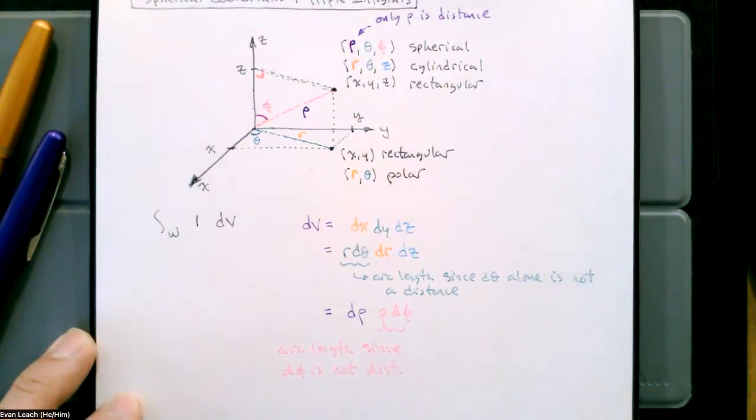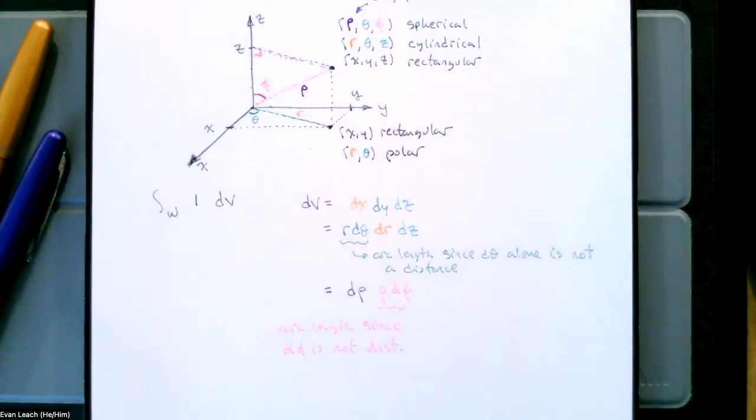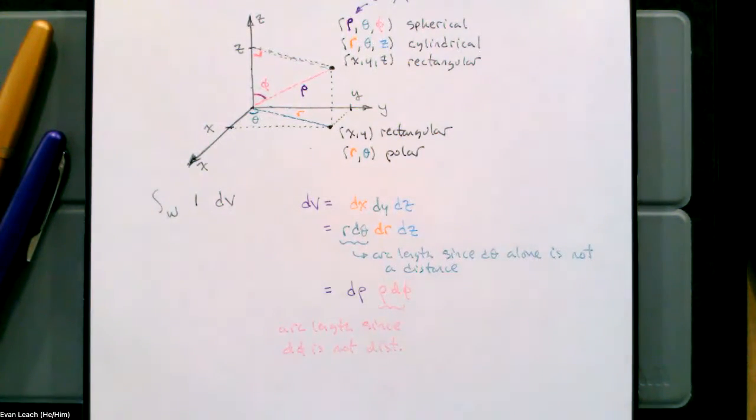So I'm just doing the same thing. I need to multiply by how far we are from the origin. Now, the theta that we have in spherical coordinates is the same theta that we had in polar coordinates. So if I have a d theta, I need to turn that into a length.